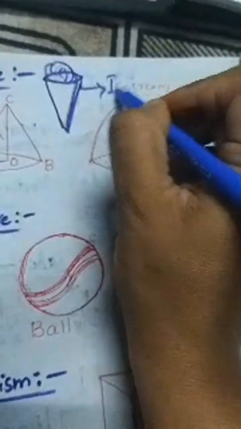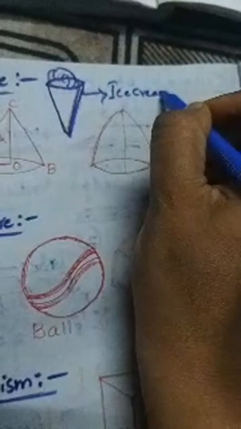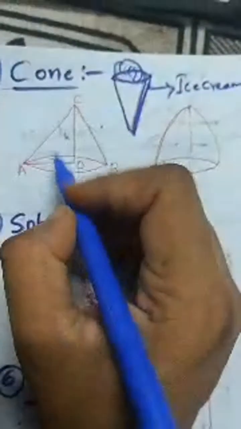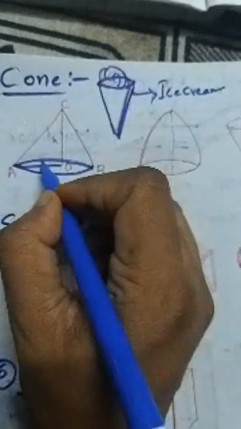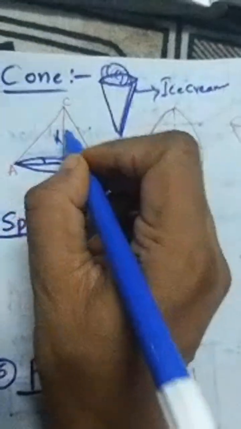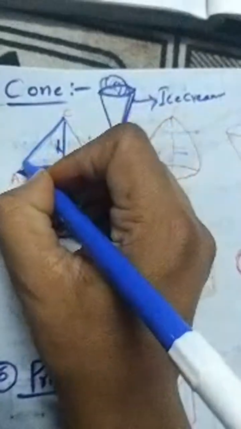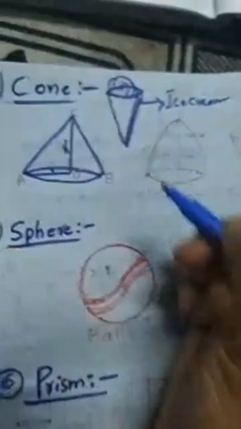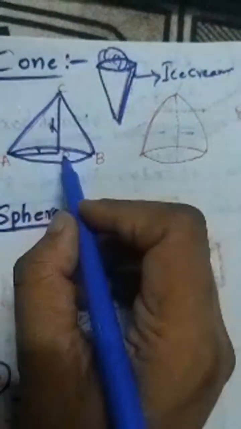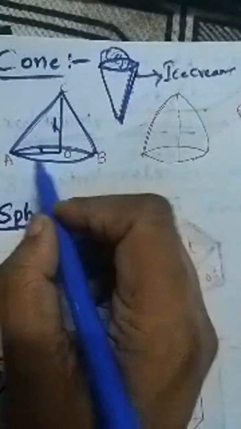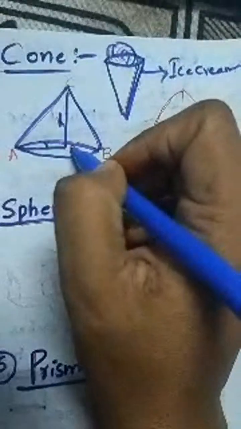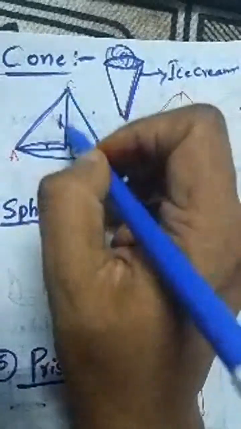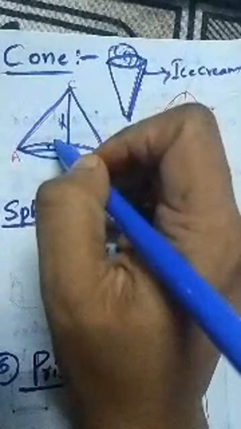This is the height and this is the middle, from the origin we get the radius, and this is the height. From here we joined a triangle shaped cone, and the bottom is a curved shape. It is a figure of a cone. The radius is from O to A, and OC is the height of the cone.